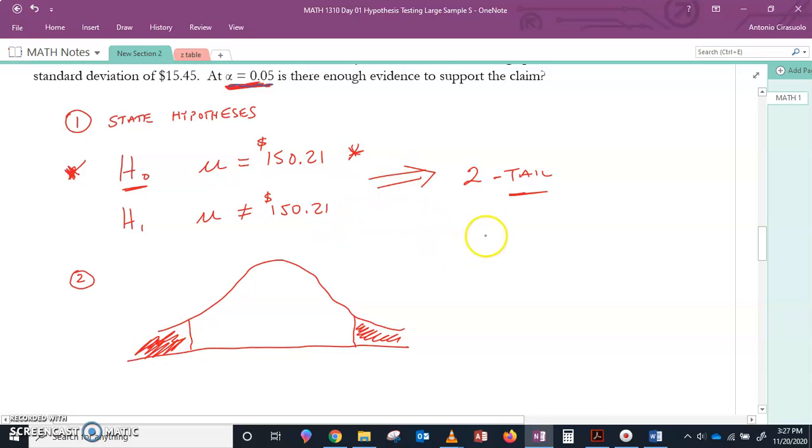Now, what's important here is that alpha is 0.05. In other words, 5%. And that is the sum of both of these tails. That means if I want the area inside each of the tails, that's actually going to be alpha divided by 2. And alpha divided by 2 is 0.025 or 2.5%.